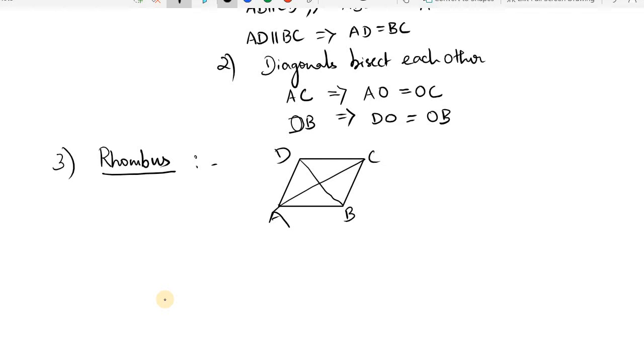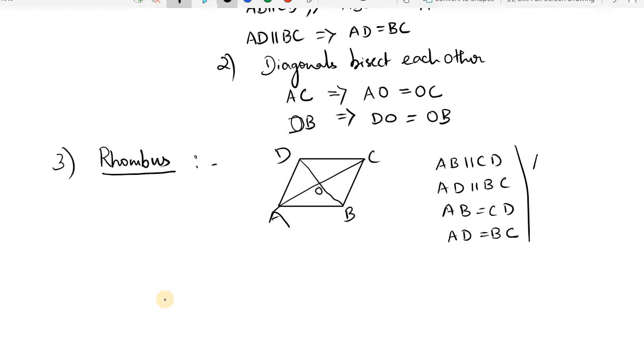Now, as we had put earlier, AB is parallel to CD, AD is parallel to BC, AB equals CD, AD equals BC, and if I take this point of intersection O, AO equals OC, BO equals OD, and another thing to note here is AB equal to BC equal to CD equal to DA.